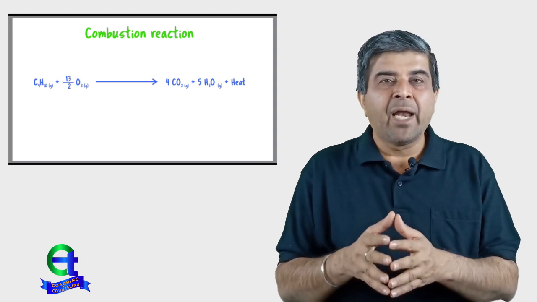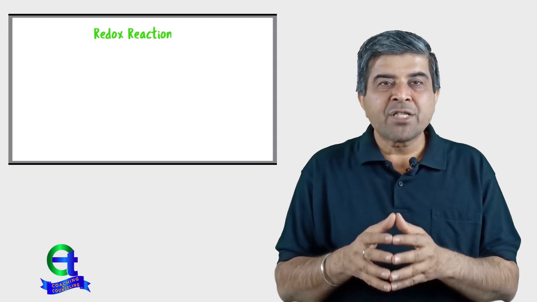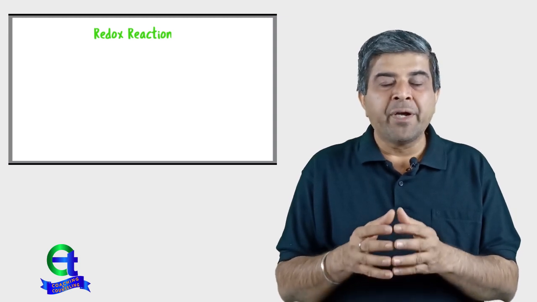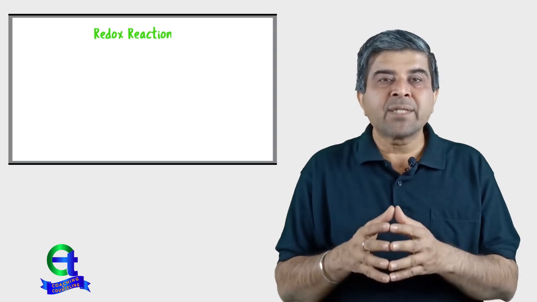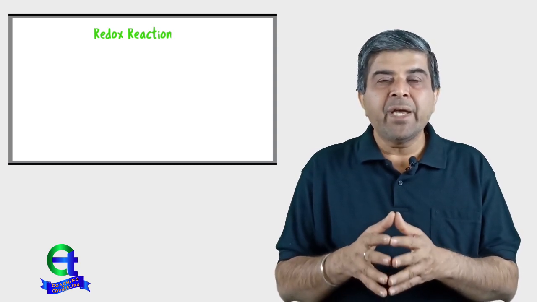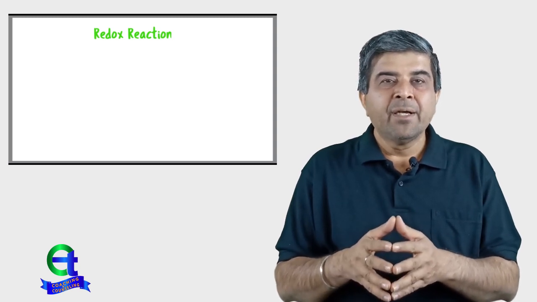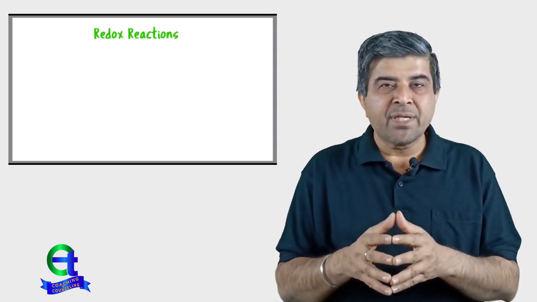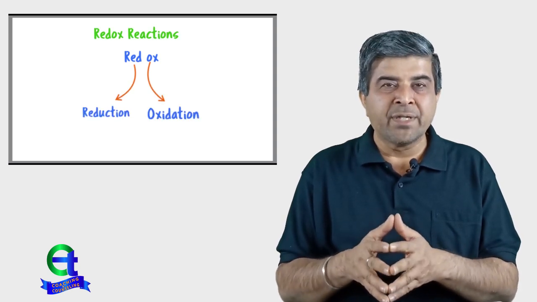Now the next and last reaction is redox reaction. The word redox means when both reduction and oxidation reactions occur simultaneously, it is abbreviated as redox reaction. Reduction is a process of addition of hydrogen or removal of oxygen.